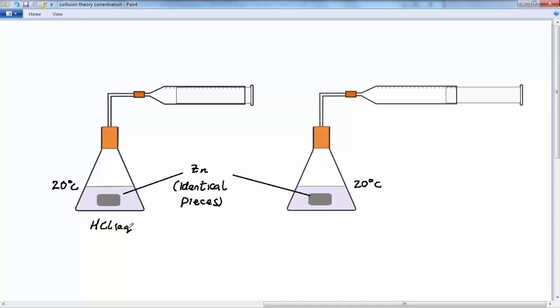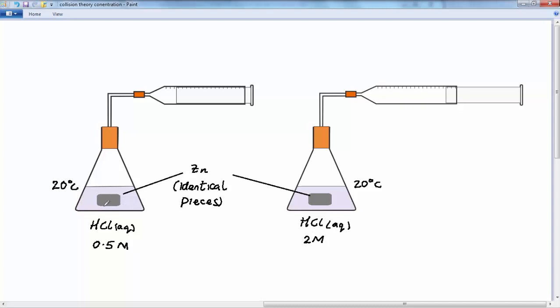Okay, so this is a dilute hydrochloric acid solution. This is a hydrochloric acid solution with a larger concentration. Let's just say, for the sake of argument, this has a concentration of 0.5 moles, and this one has a concentration of 2 moles.